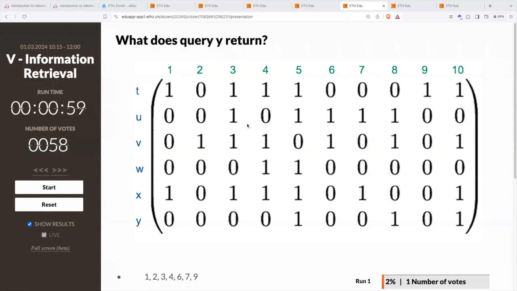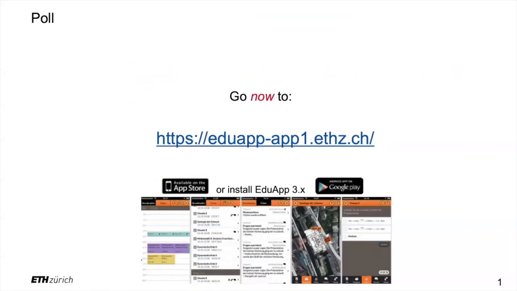Where am I? 3, 4? No, I'm not sure. Did I already do the 3? Sure.